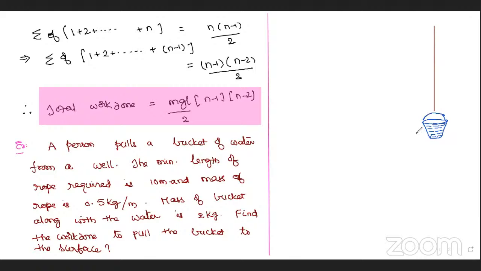This is the bucket he is trying to pull from here to the surface. Neglect the size of the bucket; the height of the bucket is not given. This length he gave is 10 meters.